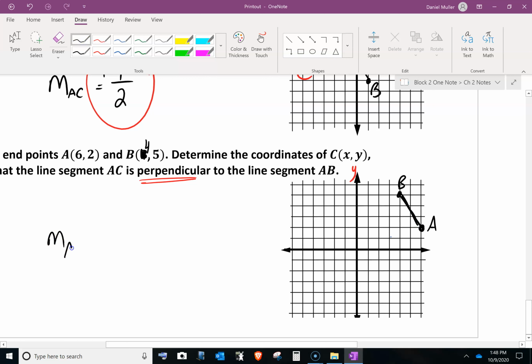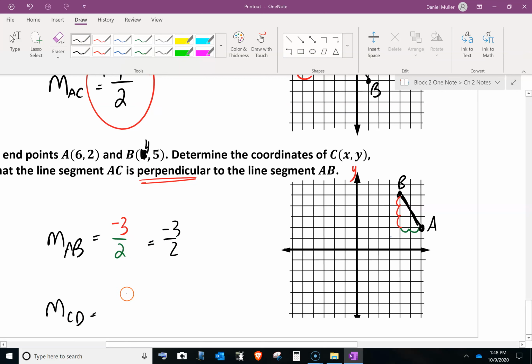So what's my slope for AB? And then I can flip it for my slope for AC. Start at the left here and go down 1, 2, 3, so minus 3, and then over 2. So my slope is negative 3 over 2.